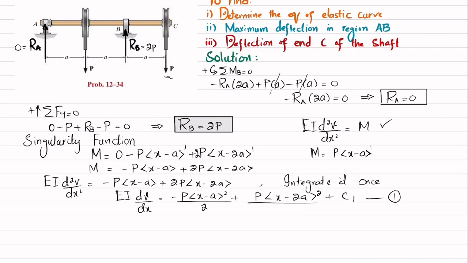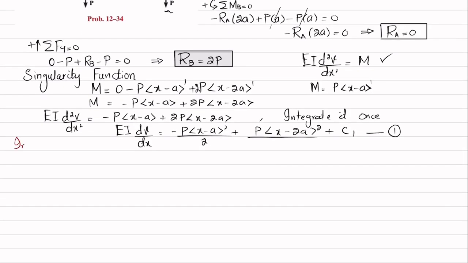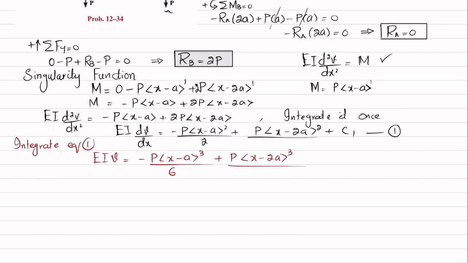Now integrate equation number 1 again. So you will get EI v equal to minus P times (x minus a)³ divided by 3 into 2, that is 6, plus P into (x minus 2a)³ divided by 3, plus C1 x plus C2.